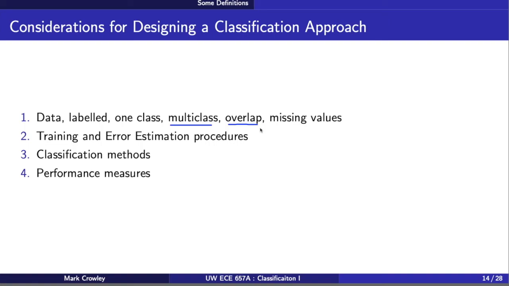Missing values: we talked about data cleaning last week, like replacing missing values with interpolated ones, or if you're missing data points, what effect is that going to have on your algorithm? Some algorithms are very robust to that, and some are very sensitive to it. These are all things to think about once you know the different algorithms, to worry about whether it's going to work well on your problem.